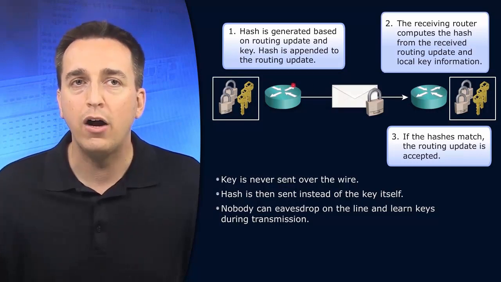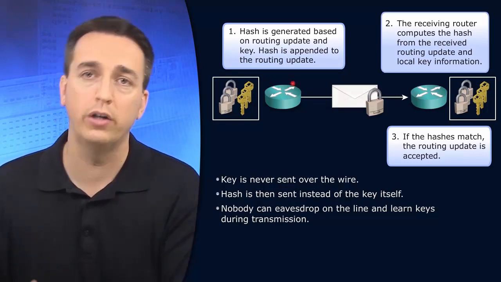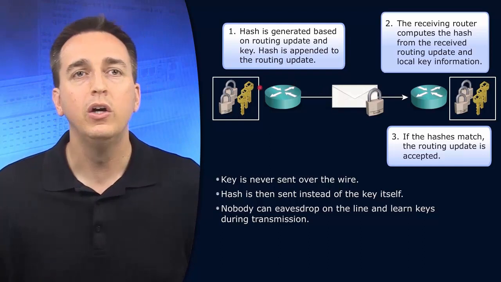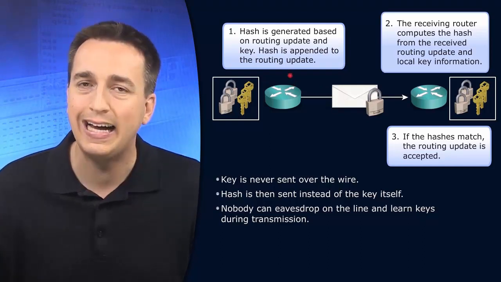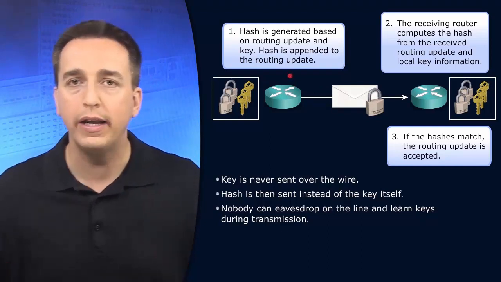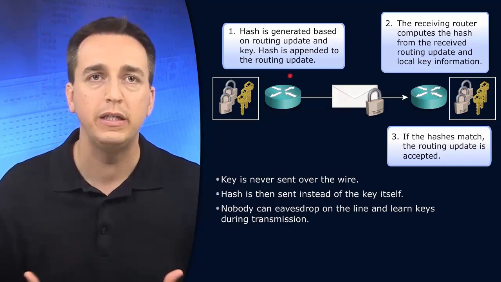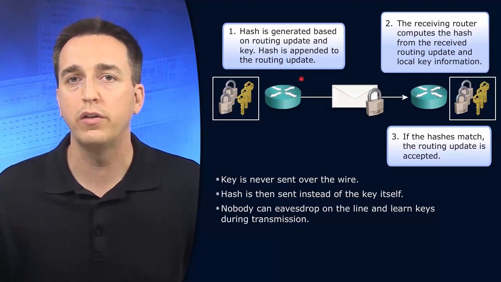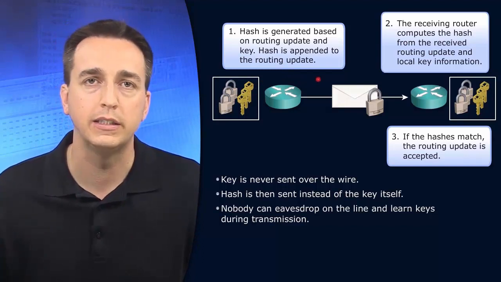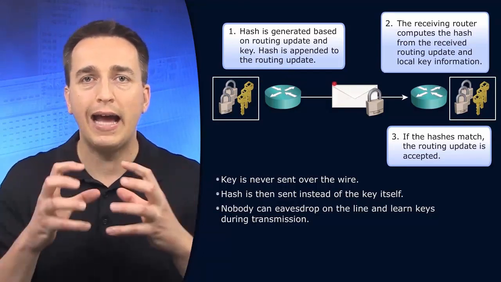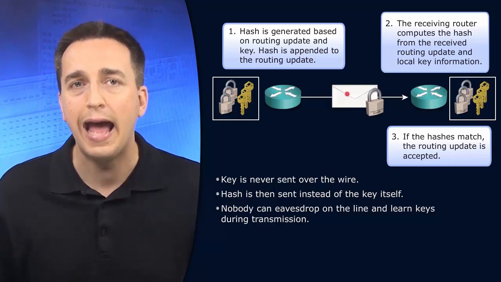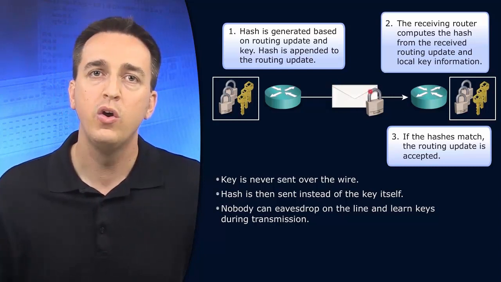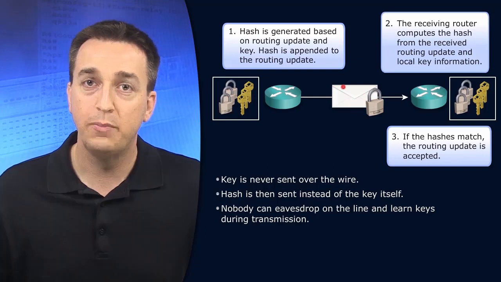However, now, instead of sending the password in the clear, that key, we are creating a hash based on the routing update and the algorithm that's being utilized and the key that's being utilized as part of the overall hashing process. And this hash is generated, and it's the hash that's sent across with the packet.